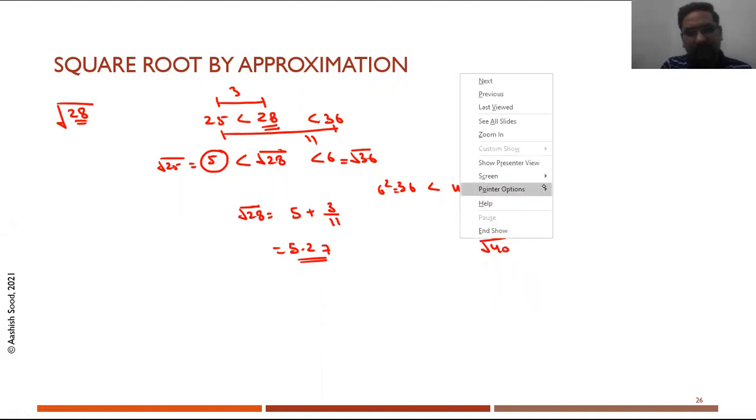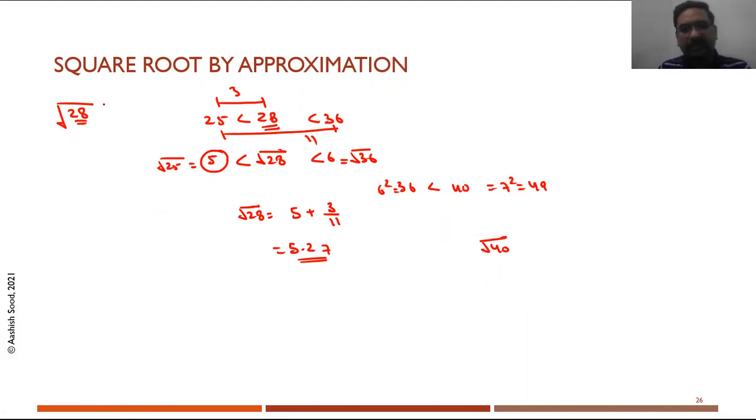Again, just like the previous question, look at the differences. What are my differences? This is 4. This is 13. So I can say my root 40 is about 6 plus 4 by 13.